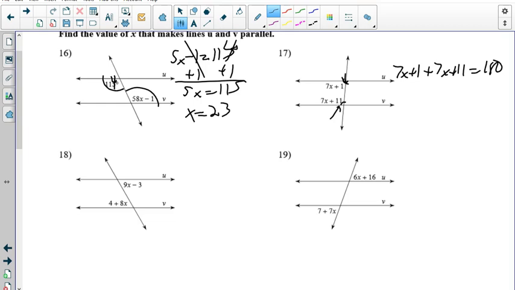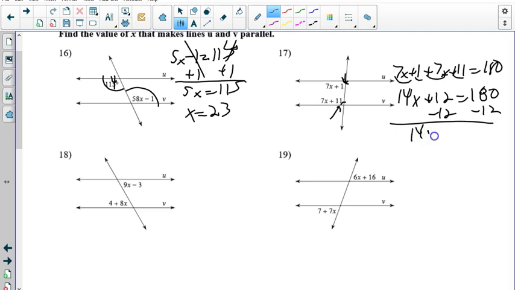And since one's obtuse and one's acute, they can't be equal. So 7x and 7x is 14x. 1 plus 11 is 12 equals 180. I'm going to subtract 12. 180 minus 12 is 168. And if we divide that by 14, we get 12.